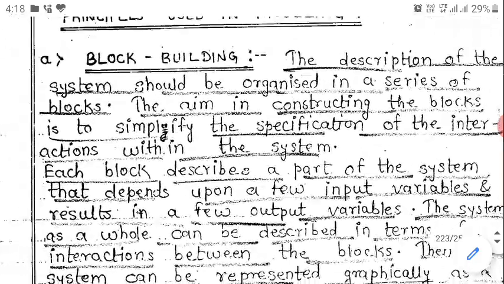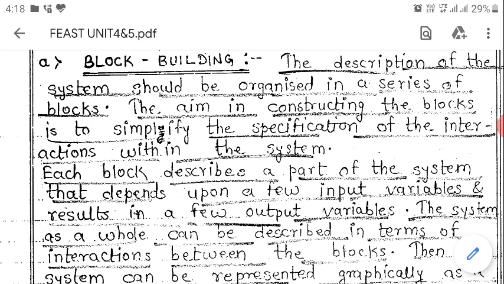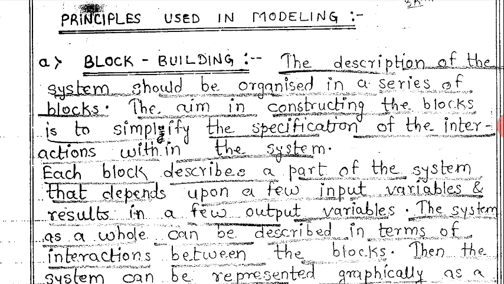So the first principle used to form the model is block building. Block building is one type of aggregation of some tasks in the form of blocks, and a description of the system which should be organized in a series of blocks.